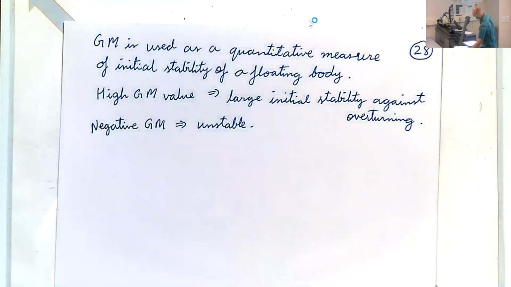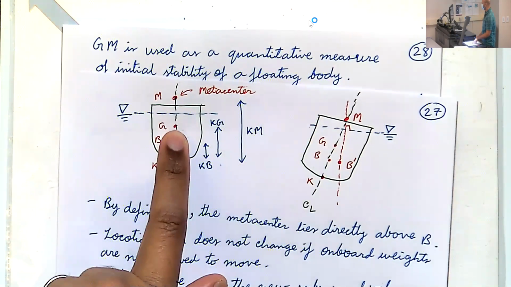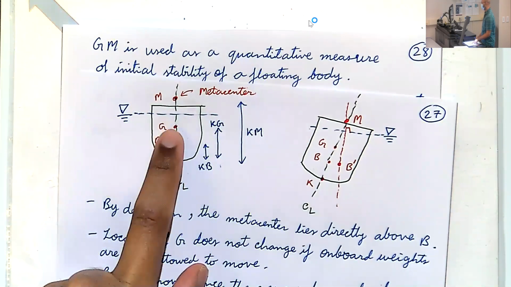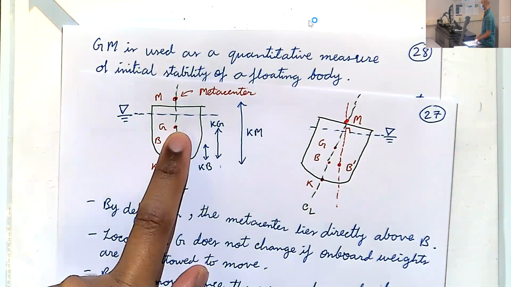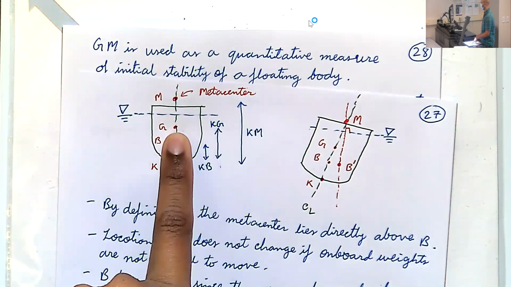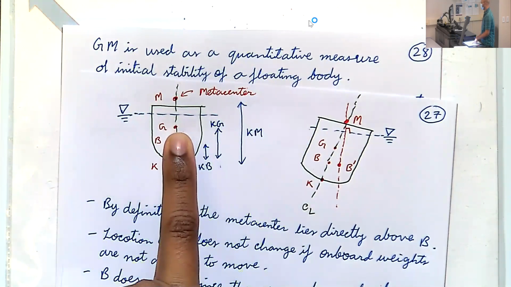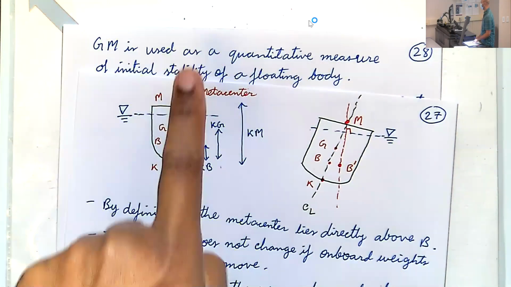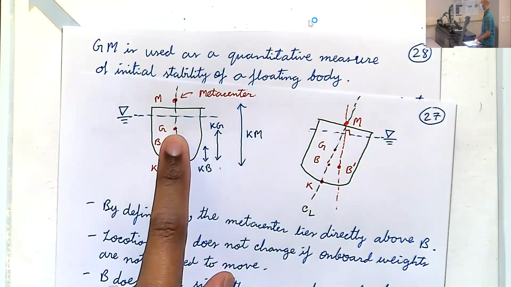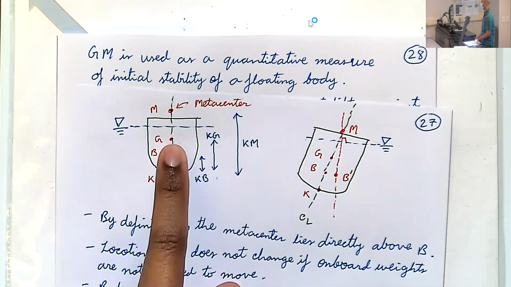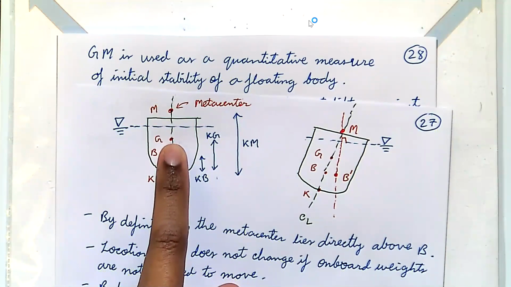Okay, let me bring back the picture. Look here, G is here. While you're sitting in the canoe, when you stand up, what happens to this G? Just think intuitively. You're sitting in the canoe, the center of gravity is here. When you stand straight up, what happens to the center of gravity? Yeah, it goes higher.